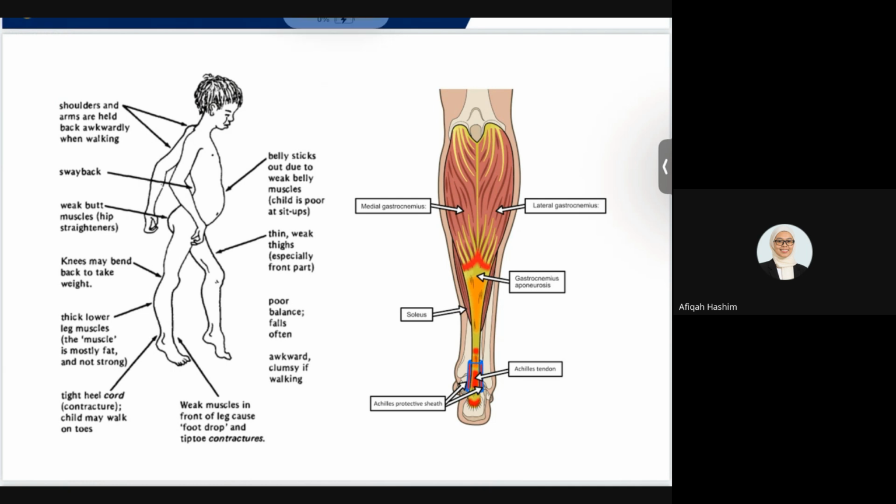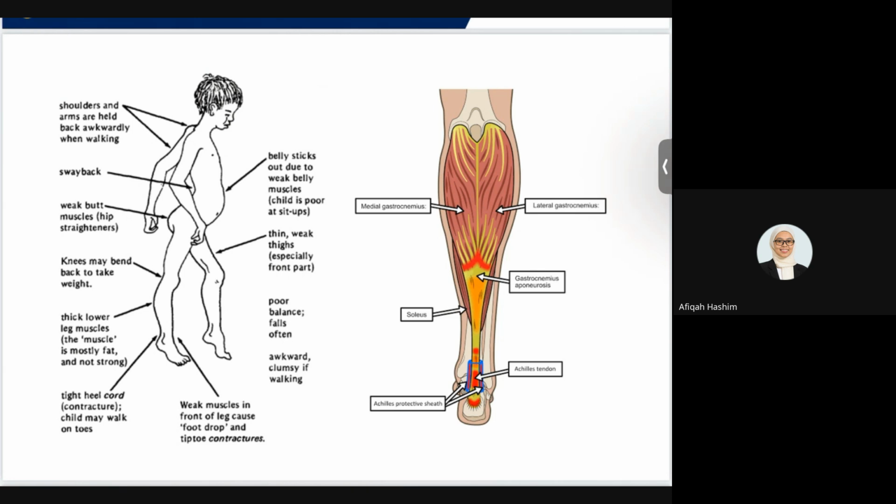So this muscle, the main muscle here, if you see from the next picture, is the tibialis anterior, together with the extensor hallucis longus and also the extensor digitorum longus.